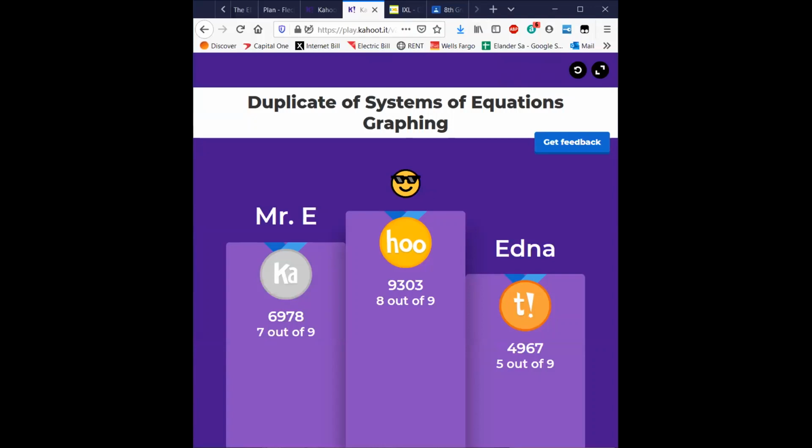All right, so okay. Excellent work. So that was the second thing that we did: if they're already graphed, can we find what the solution looks like? It's where the 2 lines intersect, and can we find that spot?